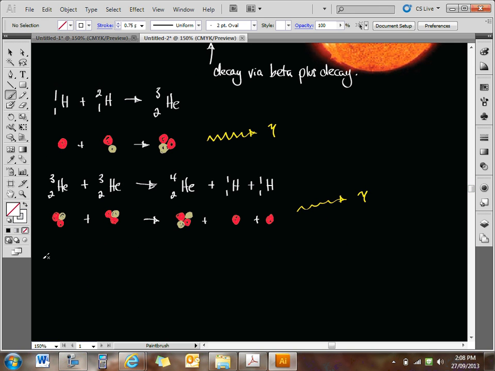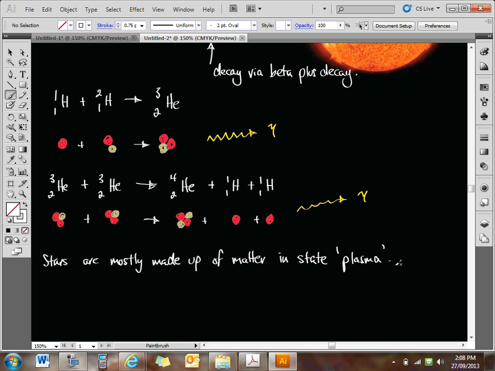Our stars are mostly made up of matter in state, I'll say state plasma. Not solid, liquid, gas, not fire, plasma.